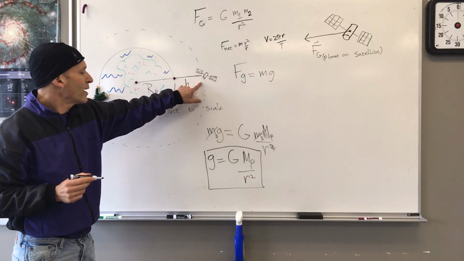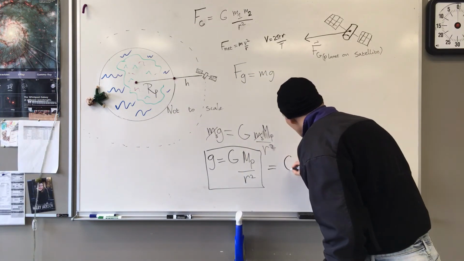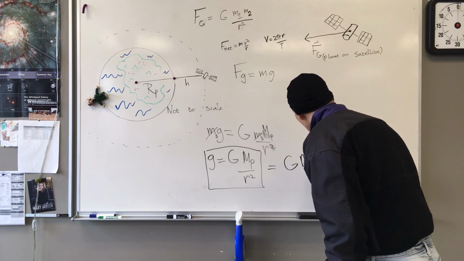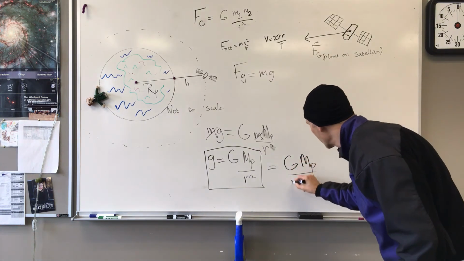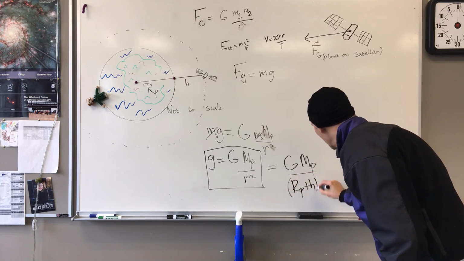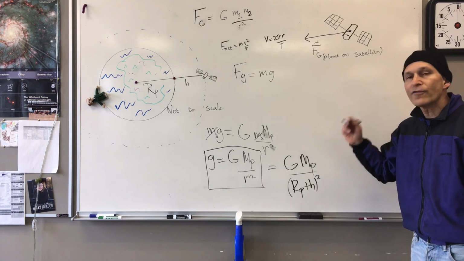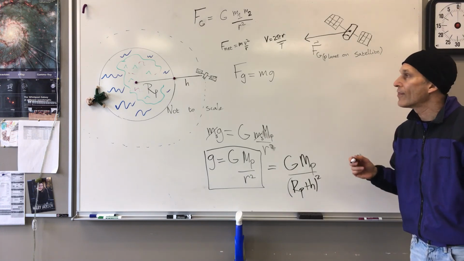If we calculate it out here using G mass of the planet over R_P plus h, that quantity squared, we should get a new value that represents the different gravitational strength at that location.